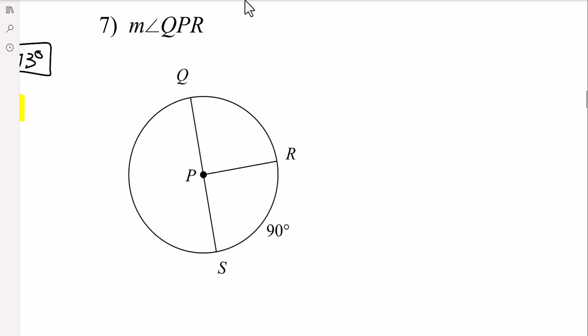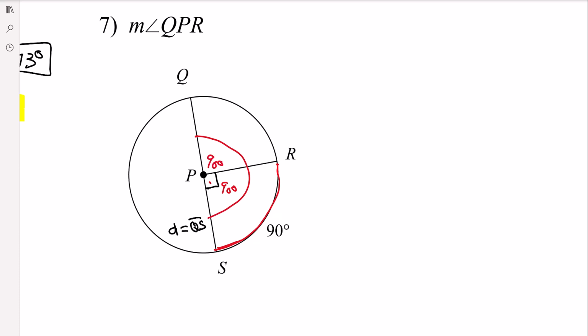So remember they told us that this is the diameter, the whole thing, QS. So we know that this angle right there, if the arc says it's 90 degrees, well, if this is the diameter, 180, and this is 90, remember supplementary angles, then this has to be 90 degrees.